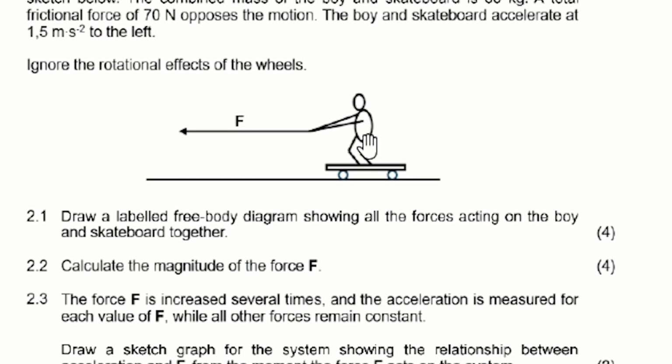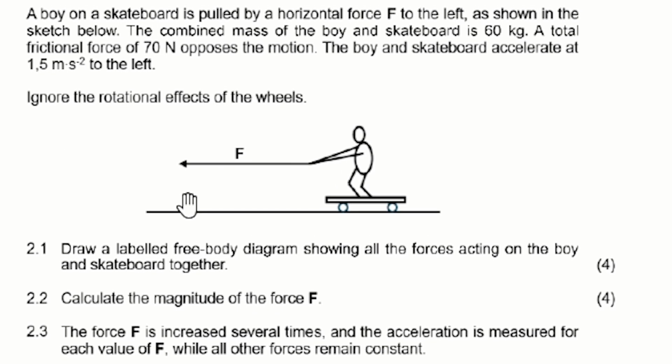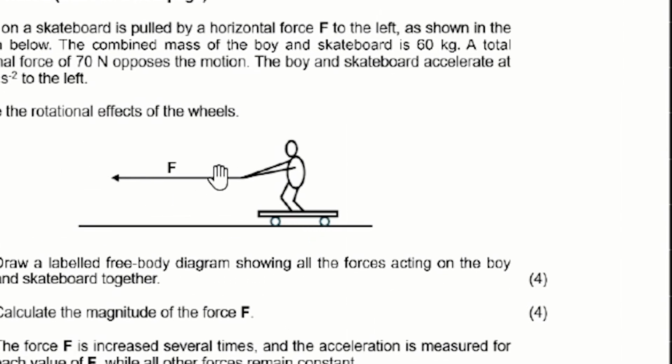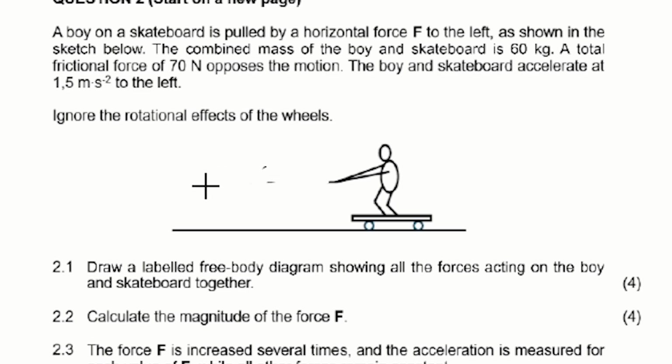This boy and skateboard is being pulled in that direction. They're moving, right? And then the force is removed. When the force is removed, they're still in movement, right? So picture this: the force is removed. The boy and skateboard are still moving in that direction.